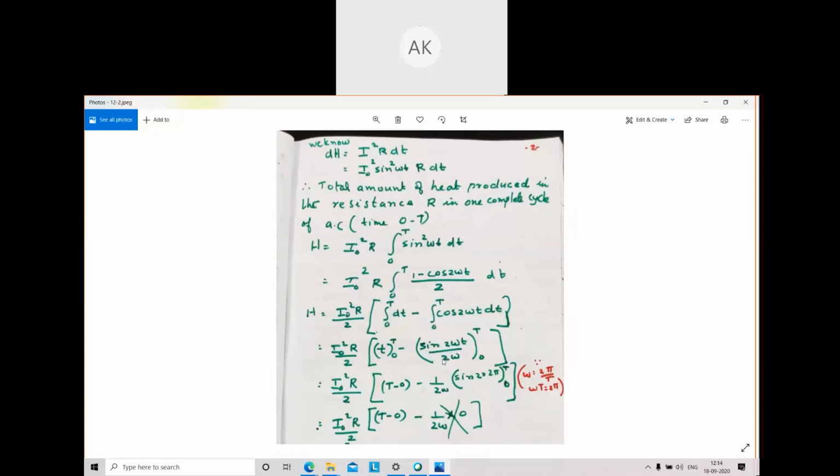Differentiation. Have you studied differentiation in maths? Namrata? Abhirami? Yes, teacher. Did you study differentiation in mathematics?